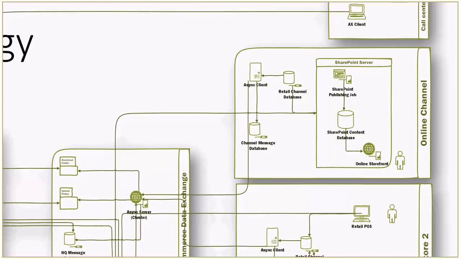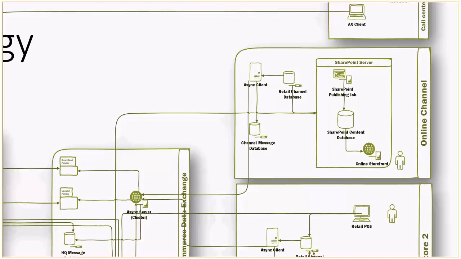So the recommendation here being that it's best to have a dedicated retail channel database for your online channel instead of sharing a channel database between your online channel and your brick and mortar channels. So you go ahead, run your installer, and you create your channel database for your online channel deployment.